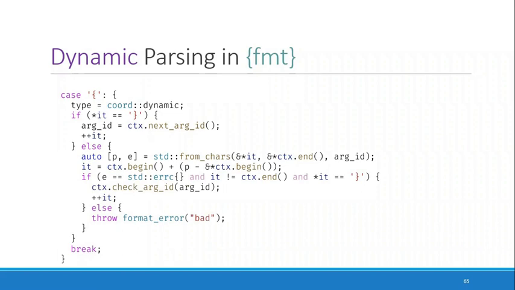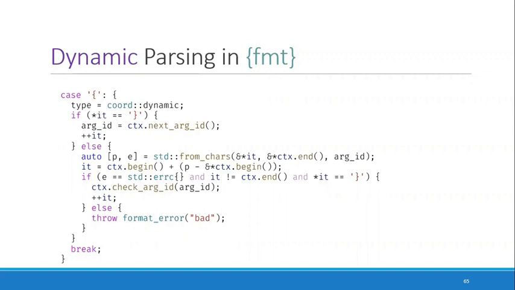The parse is going to fail if there's integer overflow or something like that. And from_chars will stop when it gets to a non-integral character. So we need the non-integer character that it stops at to be the closed brace, because we need to be consuming the whole thing. So that's just checking to make sure that the iterator that we end up at is not end, because it needs to be a closed brace, and that the character is a closed brace. In that case, finally we have an argument ID.